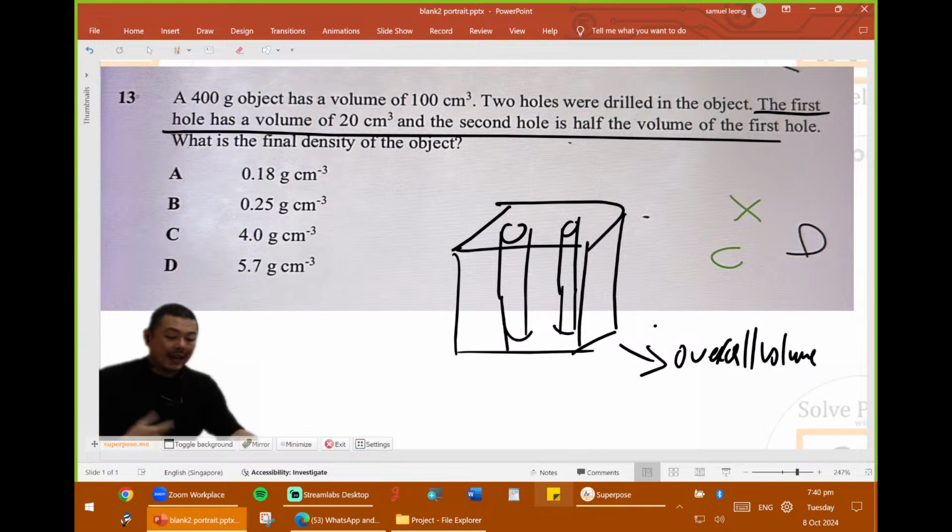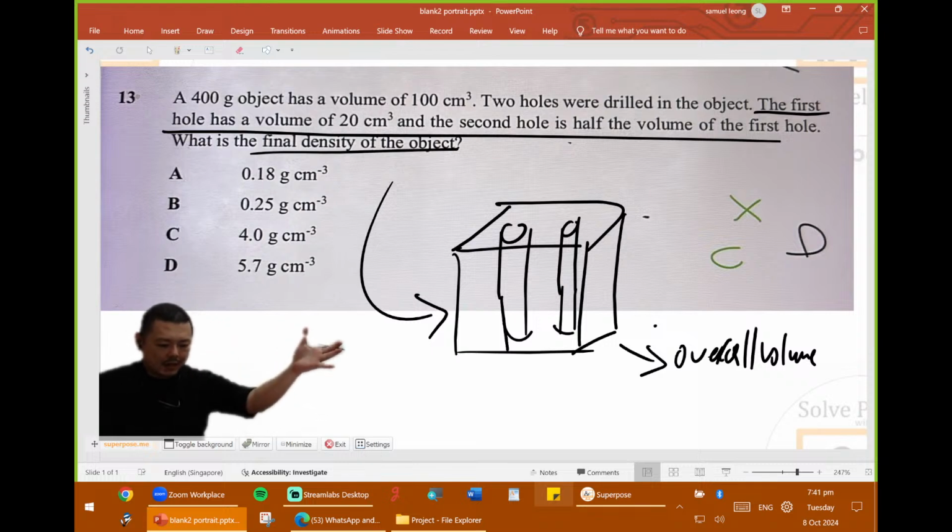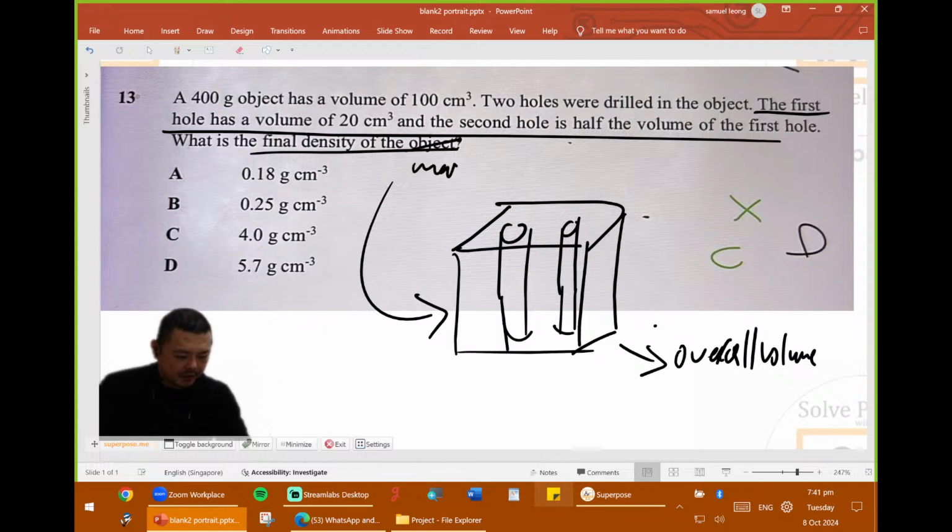You understand what I'm saying? And then they ask you what's the density of the final object. It's a very unfair question because what they mean is that they want the final density of the material.